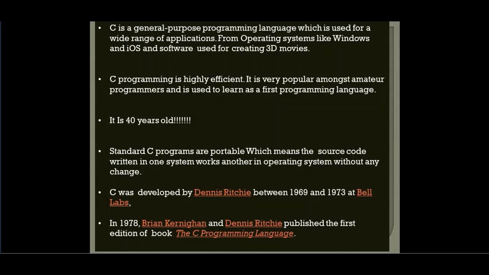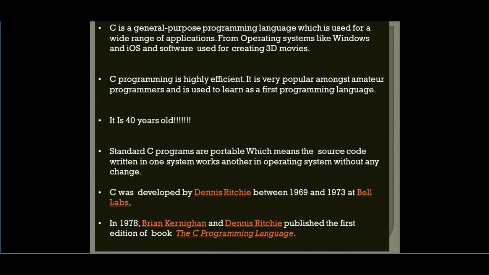C is a general purpose programming language which is used for a wide range of applications, right from operating systems like Windows, the most popular operating system, and iOS, Apple's platform which is used for their iPads and iPhones, to creating 3D movies.